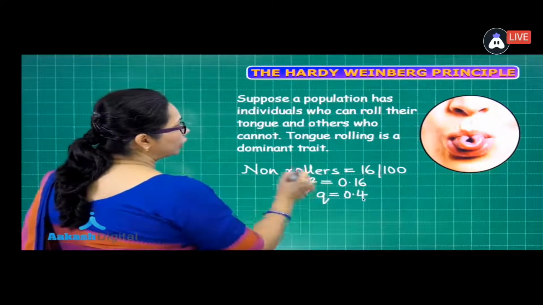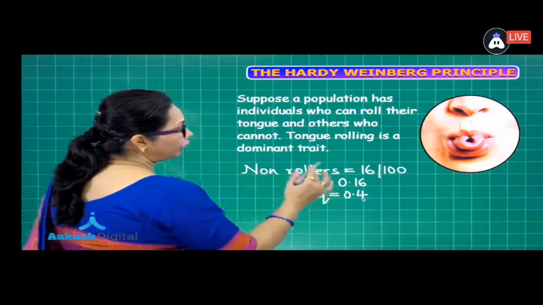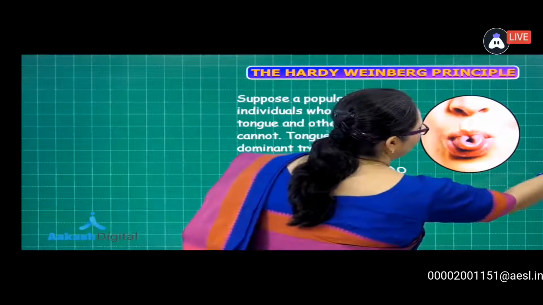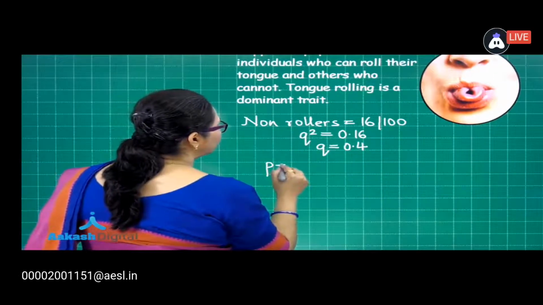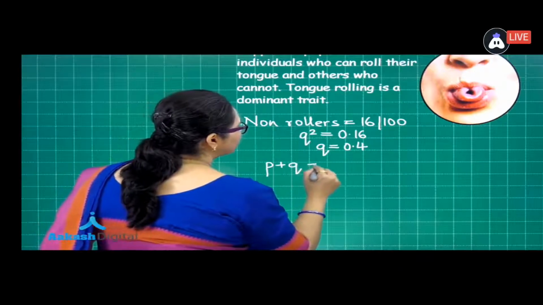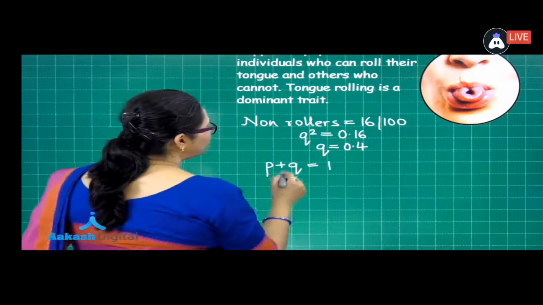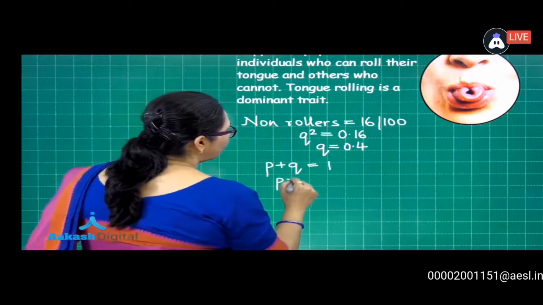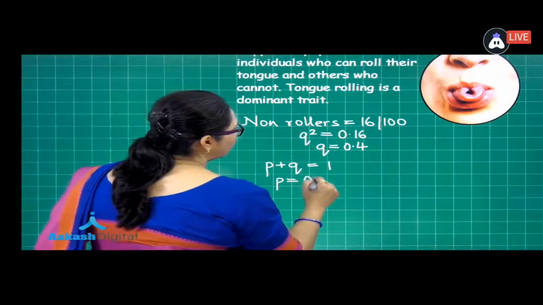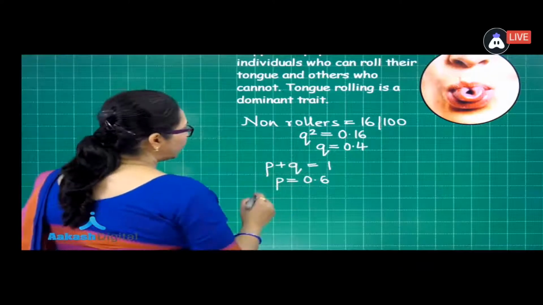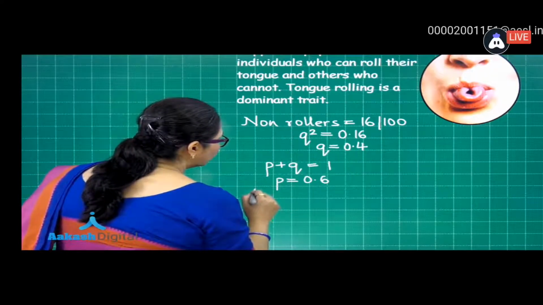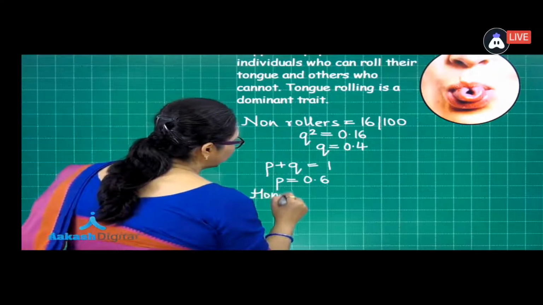Now with this we can get p from the first equation, because we have seen that p + q is 1. So that means p is 1 minus 0.4, that would be 0.6. So now from this we can calculate homozygous rollers and heterozygous rollers.